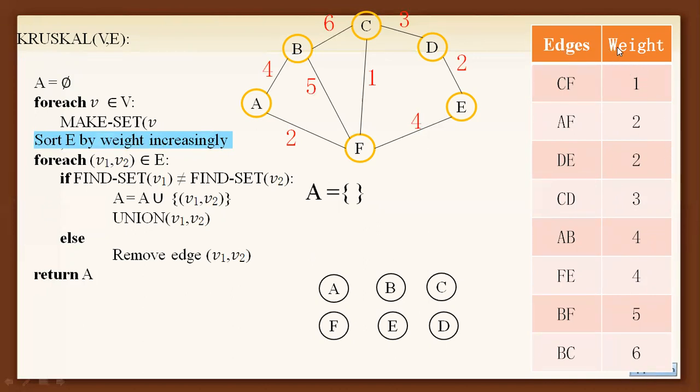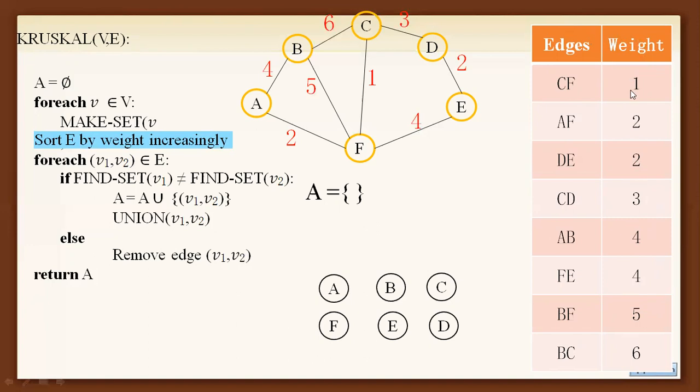Now the graph is to be redesigned. Here the table is to be redesigned and the weights are arranged according to their values in increasing order. When I apply the greedy strategy to the given problem, the table is converted like this.